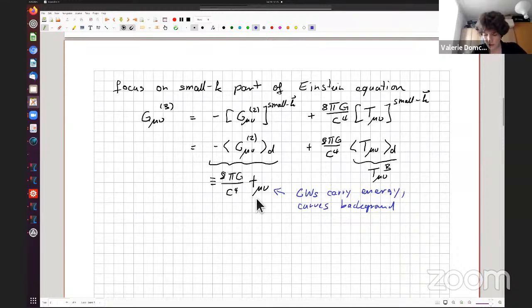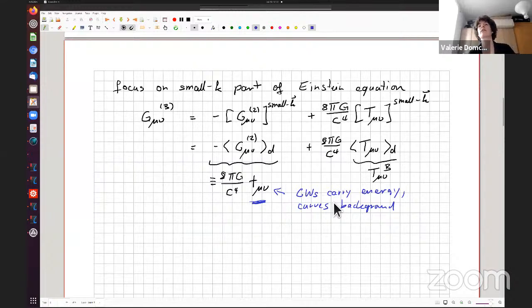And this is really the definition of the energy momentum tensor of gravitational waves. So this is a logic which is nearly circular. It feels a bit circular, but it's not quite circular. So in this way we've really derived how the energies of gravitational waves impact the background.